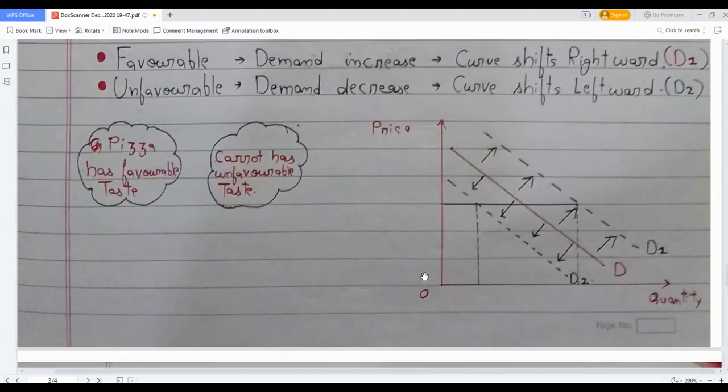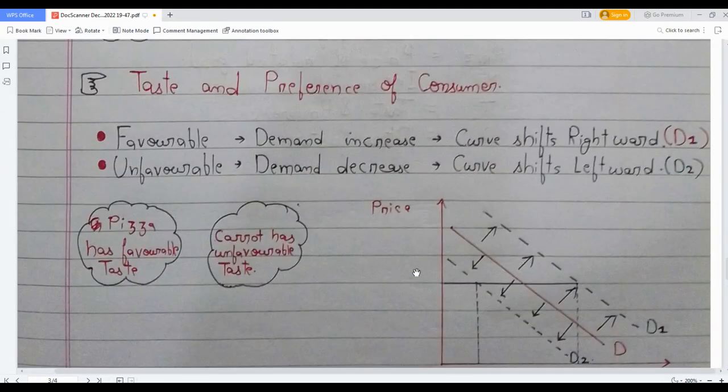I'm moving to the next topic, that is taste and preference of a consumer. Taste and preference are generally divided in two categories: one is favorable and another is unfavorable.